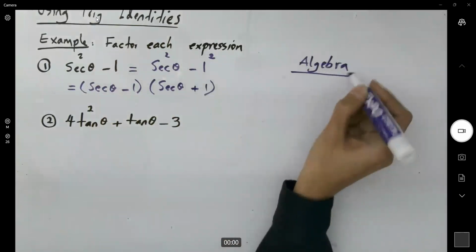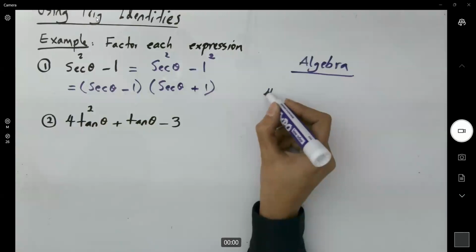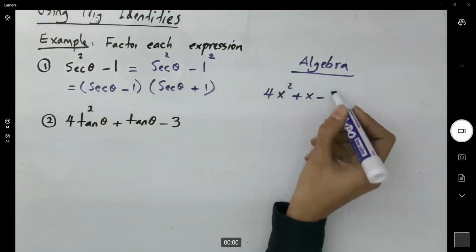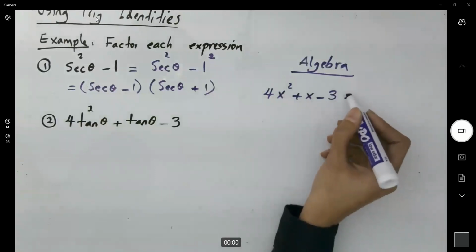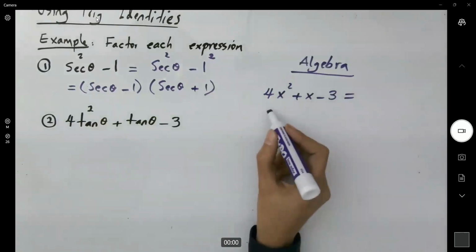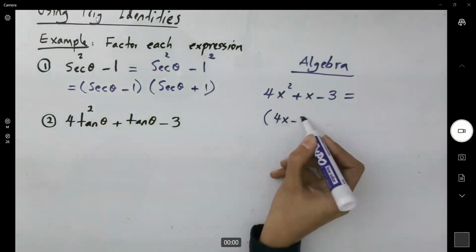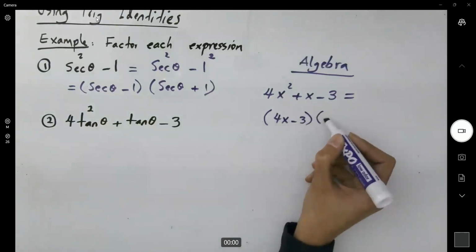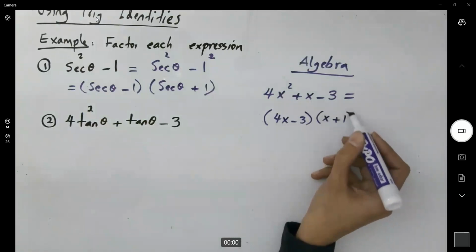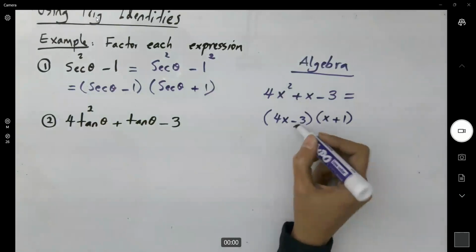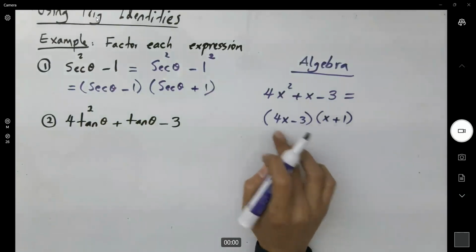I know that, for example, 4x squared plus x minus 3 can be written in factor form as, well, 4x minus 3 times x plus 1. Okay. Where did this come from?